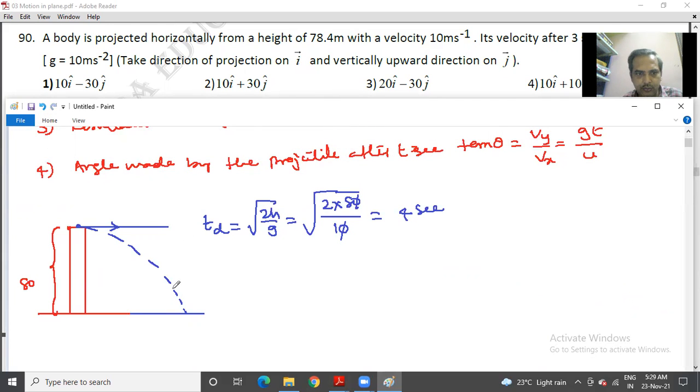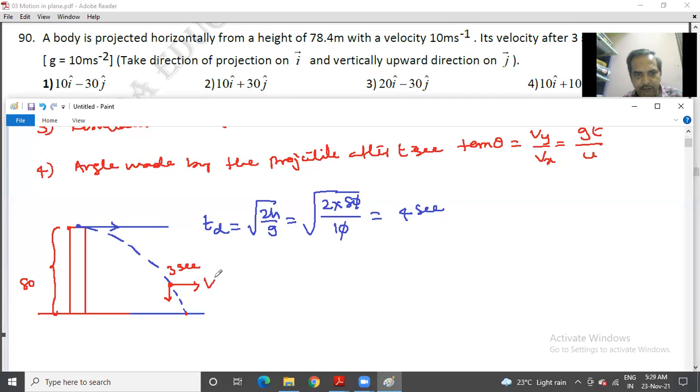Maybe somewhere here. Assume that after 3 seconds it may be here, and after 4 seconds it touches the ground.